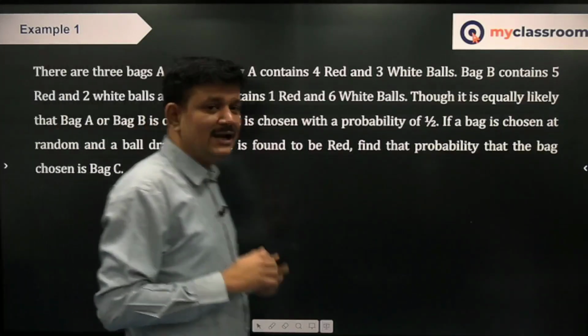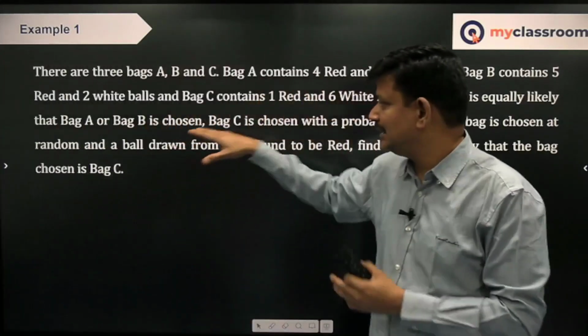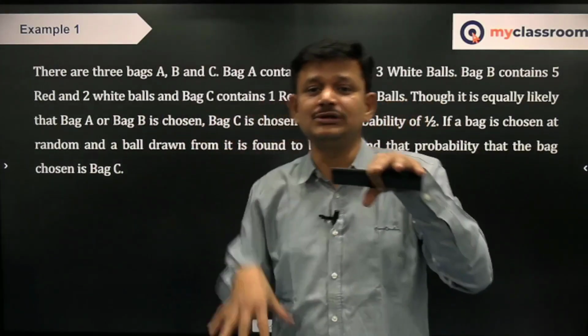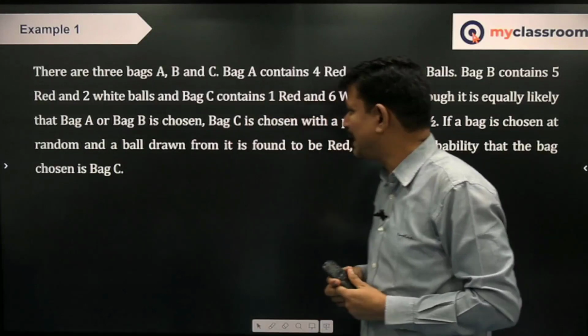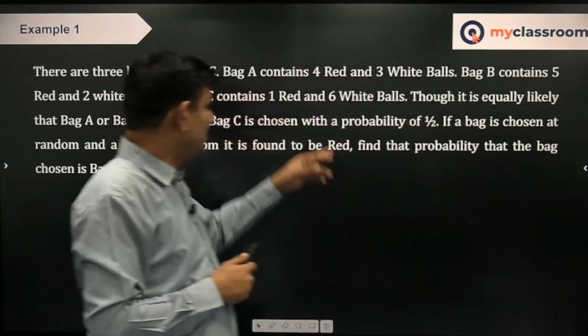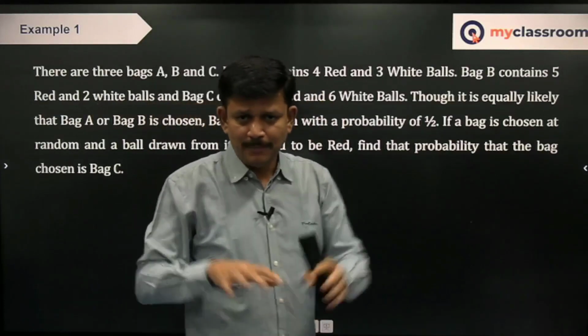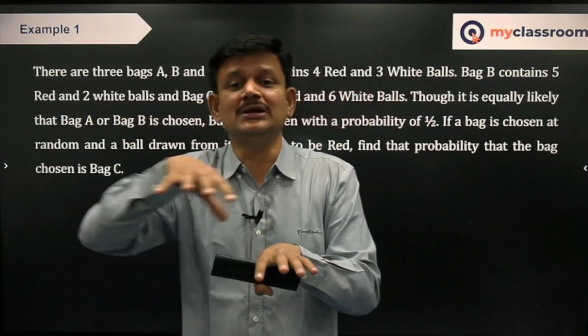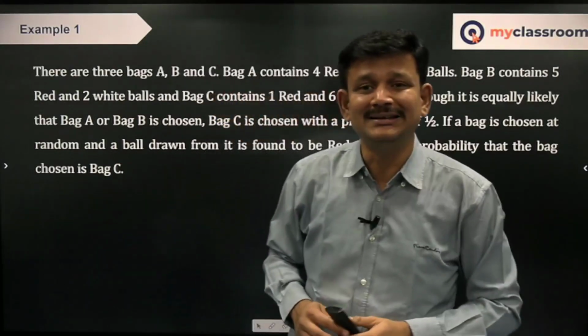It is equally likely to choose bag A or bag B, they are equally likely events. So the probability of choosing bag A is the same as the probability of choosing bag B. Bag C is chosen with a probability of 1 by 2. So there are 3 bags. In an actual situation, the probability of choosing any one of the bags would have been 1 by 3.